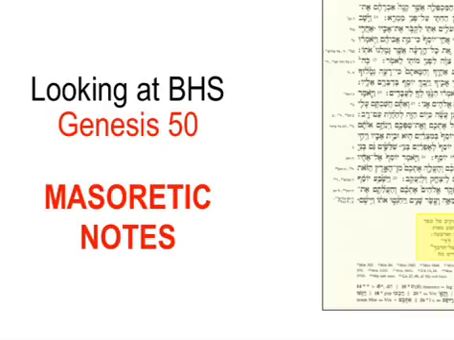So in order to prevent mistakes, the Masoretes used a system of counting words and letters so that once they copied a book, they would go back and count the words and the letters to make sure that they had copied it faithfully. That information is encoded at the end of each book, and you see it highlighted in yellow on your page. Well, just for fun, let's look at what that says at the end of Genesis 50.